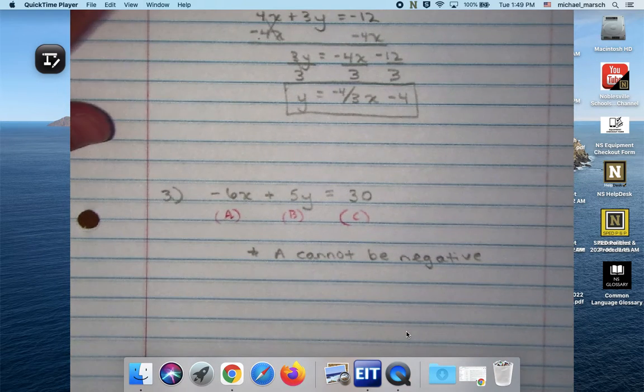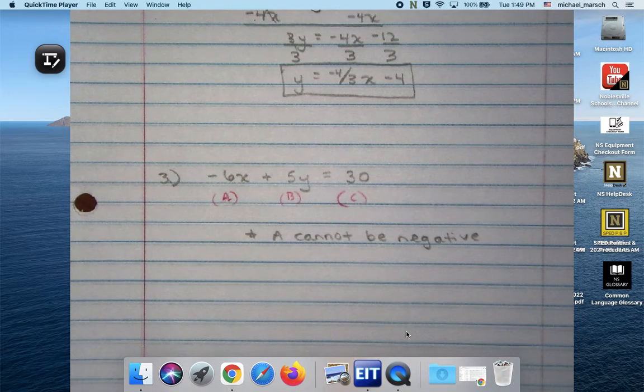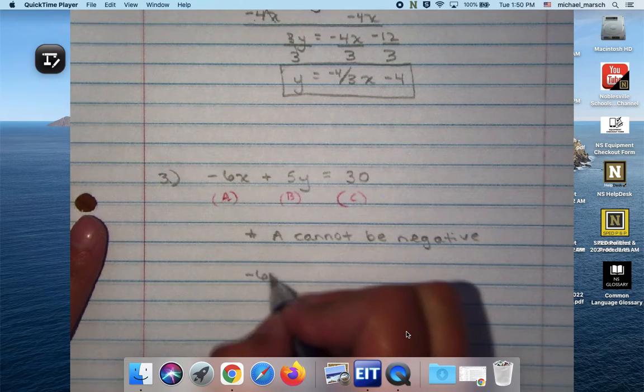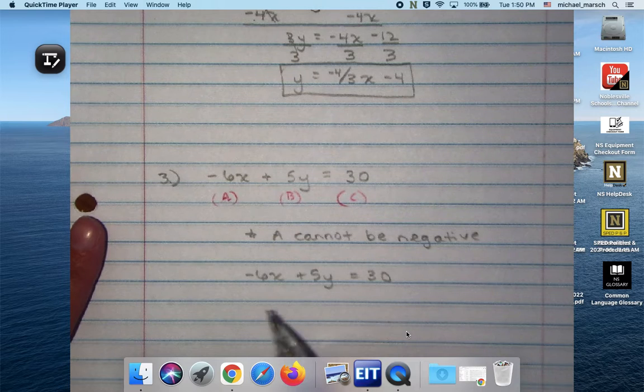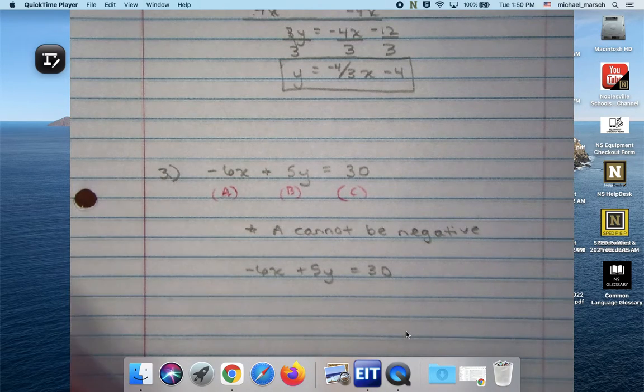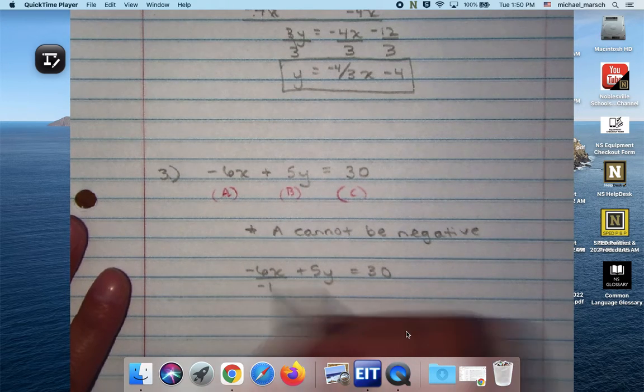So the first thing I have to do is change this so that the A is no longer negative. So I've got negative 6x plus 5y equals 30. What can I do to each of these terms so that the 6 is no longer negative? Divide everything by -1.